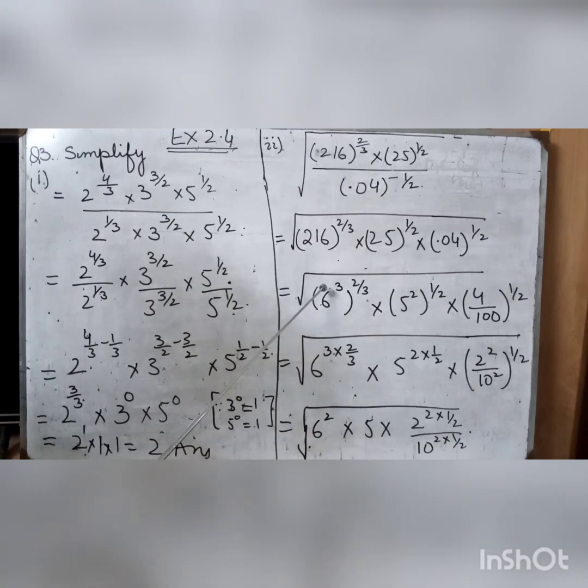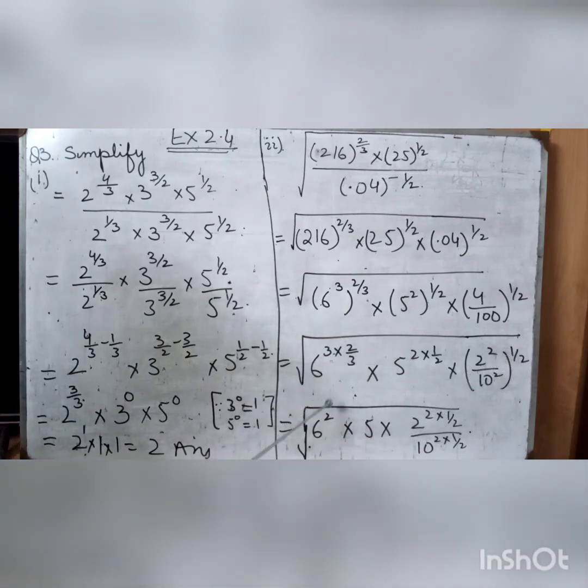216 can be written as 6 raised to power 3, 25 is equal to 5 square, and 0.04 is equal to 4 over 100. So the next expression is the square root of 6 raised to power 3 multiplied by 2/3, multiplied by 5 raised to power 2 multiplied by 1/2, over 2 square over 10 square with exponent 1/2.